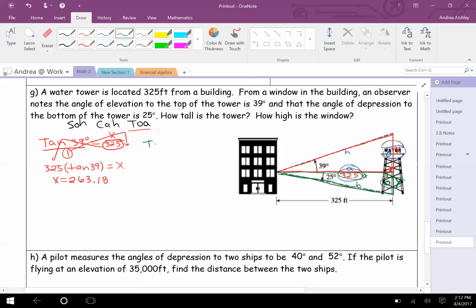So we're going to do the tangent now of 25 degrees equals the opposite side, which is y, over the adjacent side, which is 325.